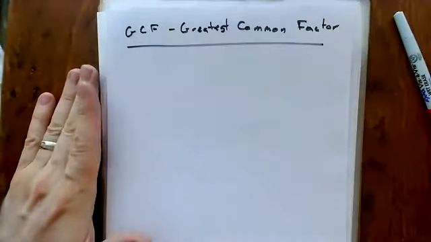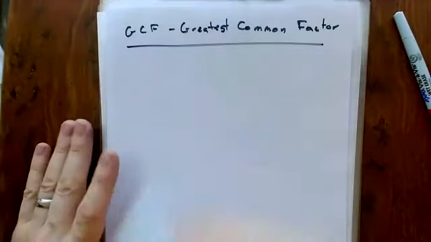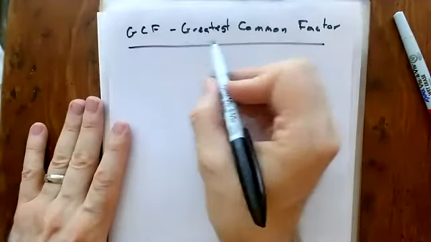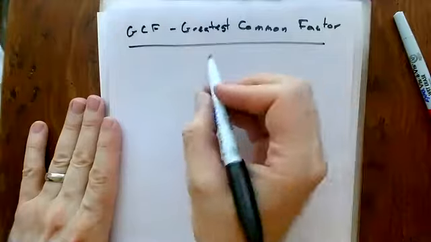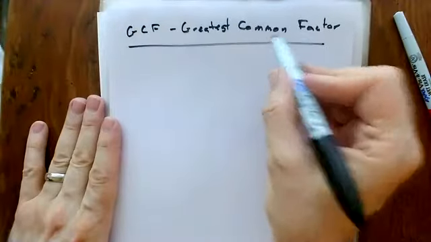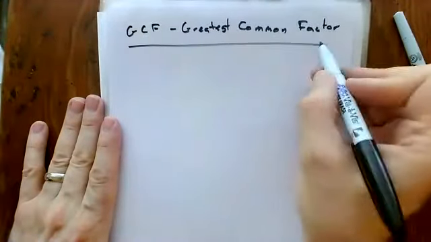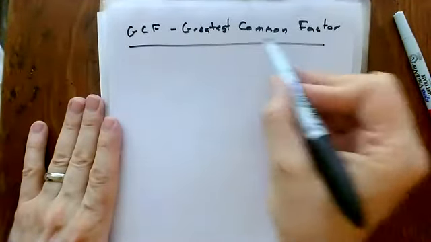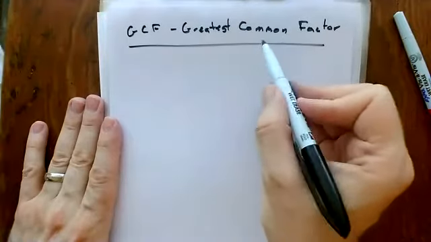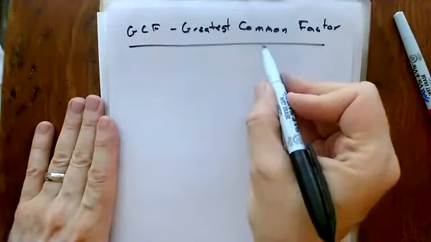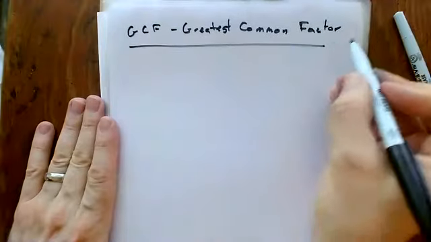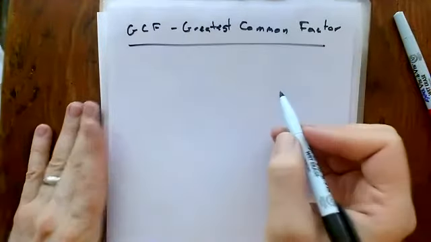A lot of folks are going to focus first on the greatest, and that is important, but in a lot of ways, common and factor is what we're going to be doing. We're literally going to be looking at a polynomial and looking for the things that are common to all of them, and we'll divide all of them.